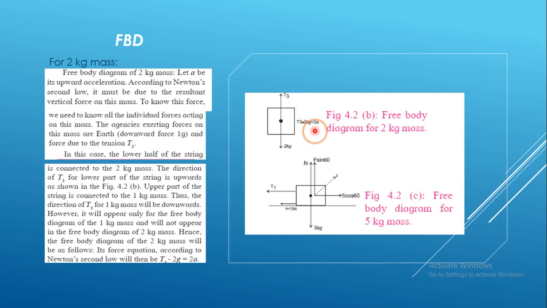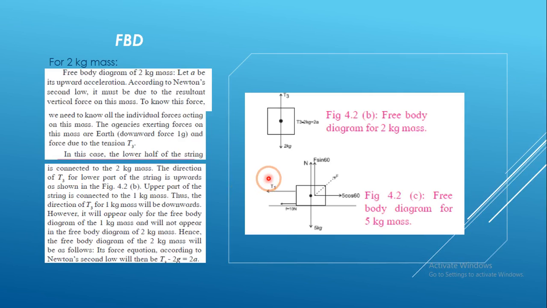In this case, the lower half of the string is connected to the 2 kg mass, and this T3 in the lower part of the string is upwards, as you can see over here. The upper part of the string is connected to the 1 kg mass. Thus, the direction of T3 for the 1 kg mass will be downwards. It will appear only in the free body diagram of the 1 kg mass and will not appear in the free body diagram of the 2 kg mass.